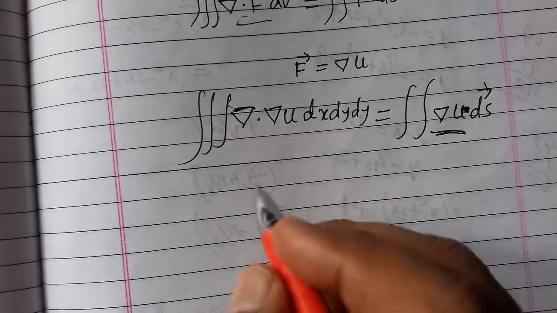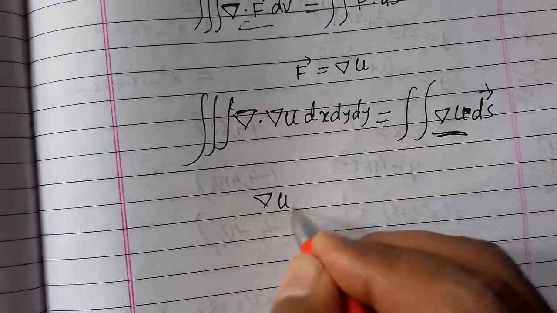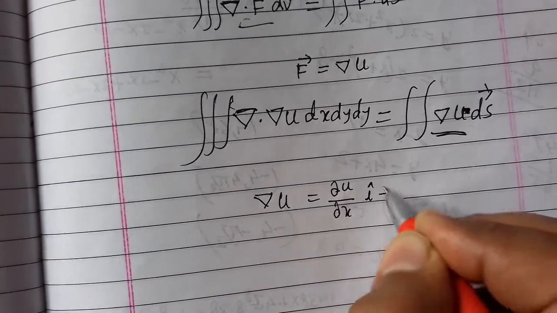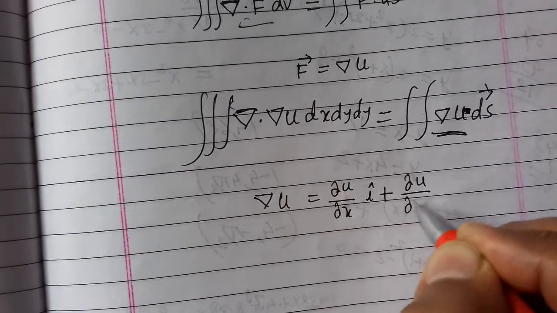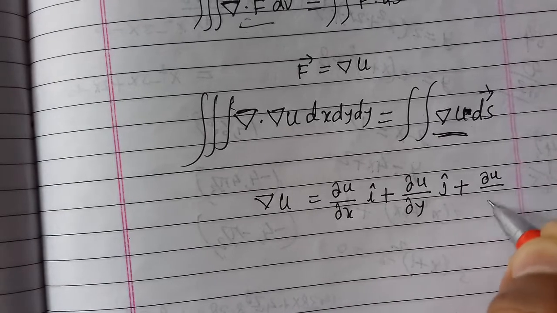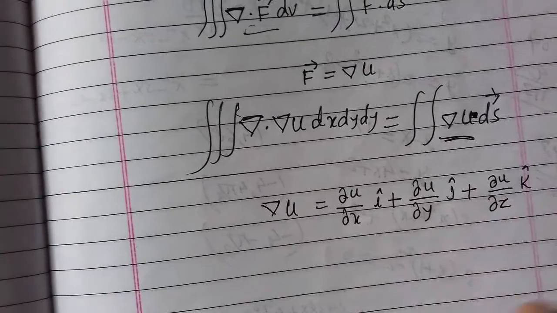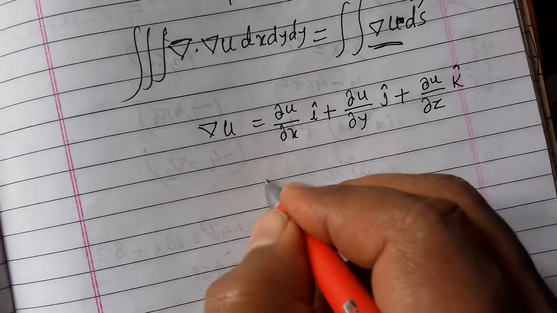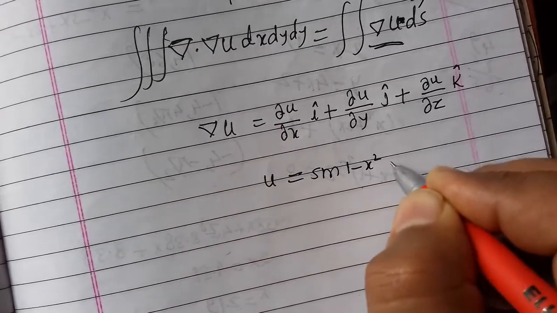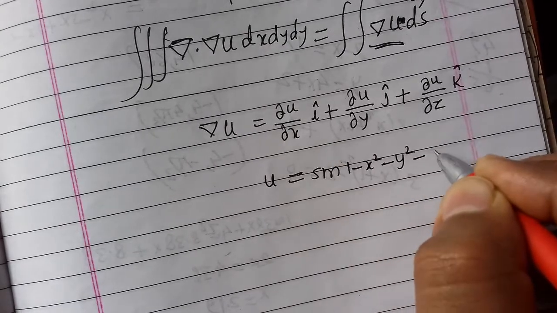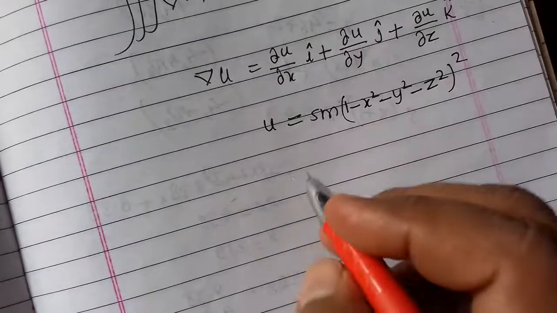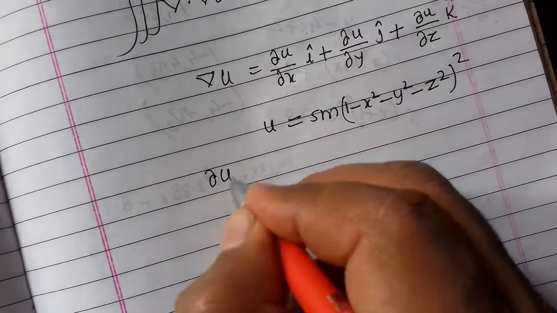So gradient of u means del u by del x i cap plus del u by del y j cap plus del u by del z k cap. Let us find. U is given in the question as sin of (1 minus x square minus y square minus z square) to the power 2. Now let us first get del u by del x.